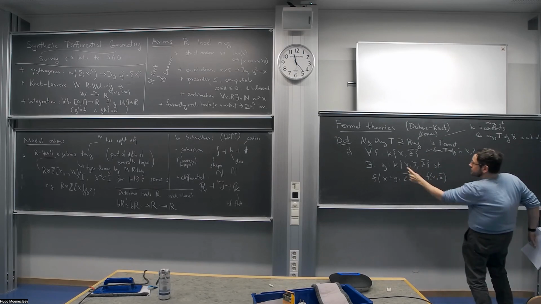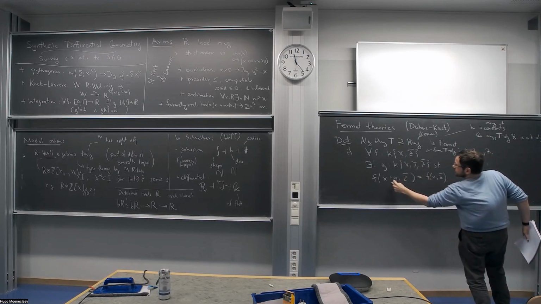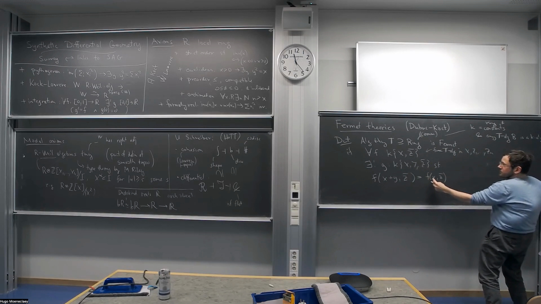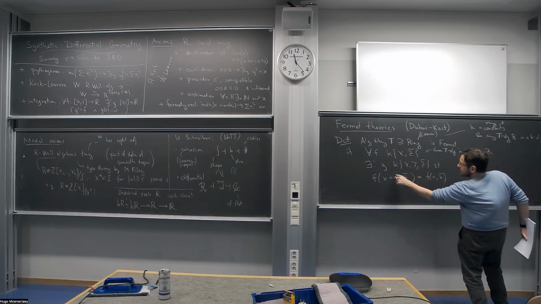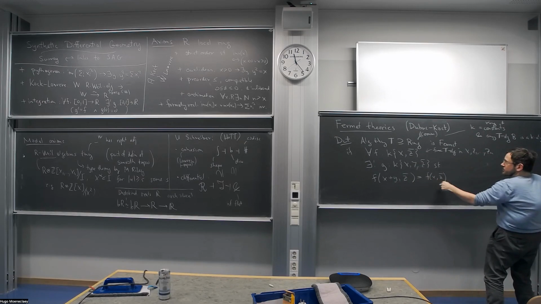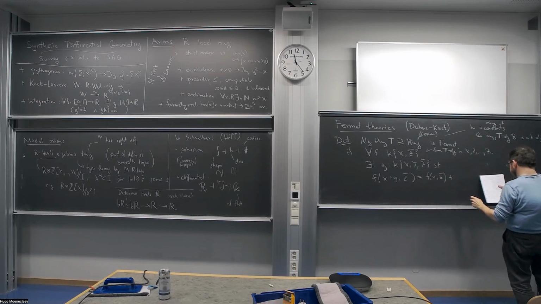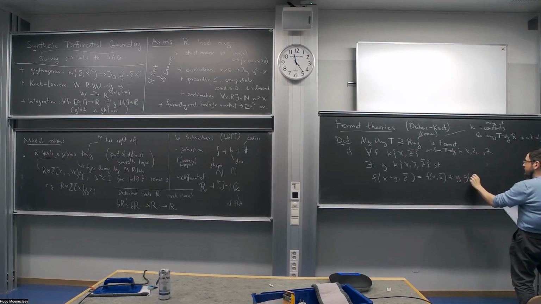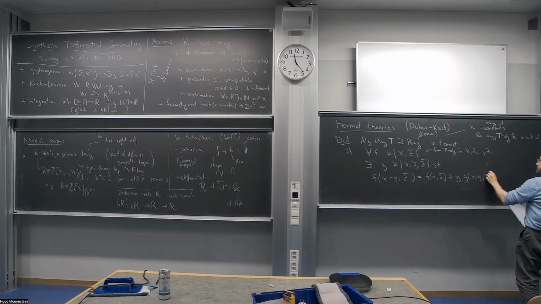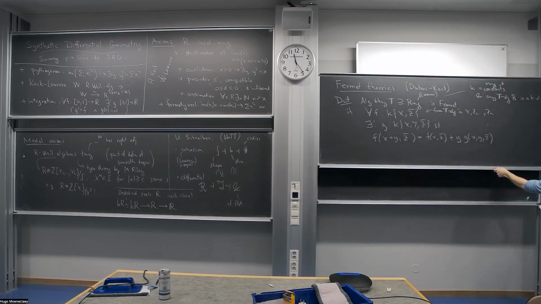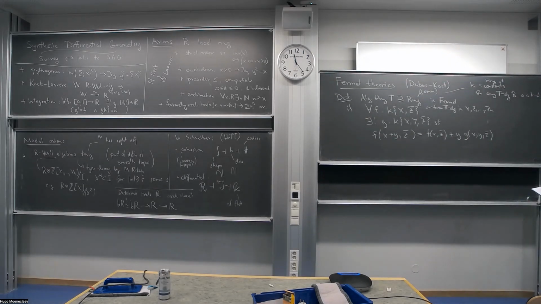We really pay attention to what happens when we express a function in x plus y as, well, think of y as being small, like an epsilon, and I want to approximate that by f of x. It's like this plus y times g of x, y, and z. That's the terminology.